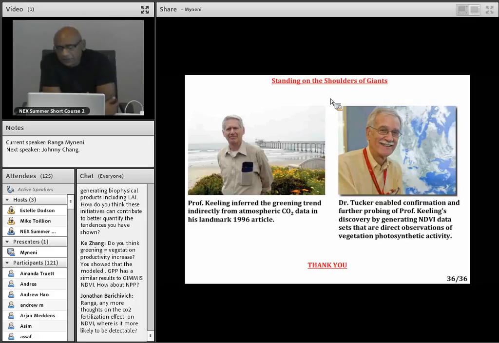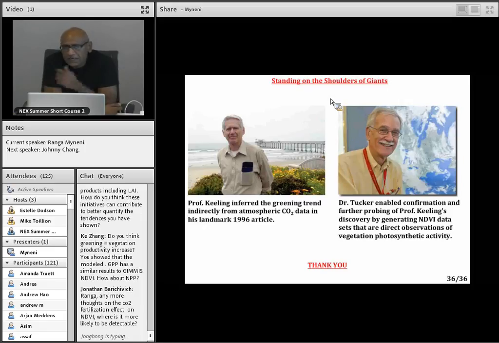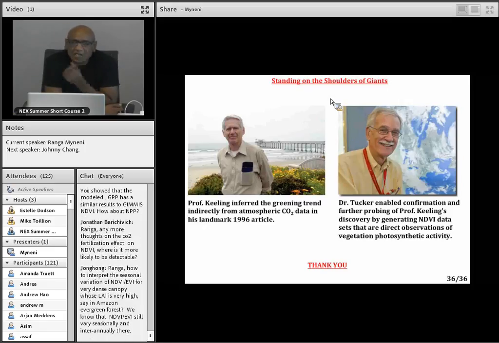Yes, that is an interesting question. The CO2 fertilization, obviously, would we detect it in warm, arid areas where there are C4 plants and grasses? Would we see it there? But I would assume the imprint of CO2 fertilization should be seen everywhere on the planet, to some extent or the other.